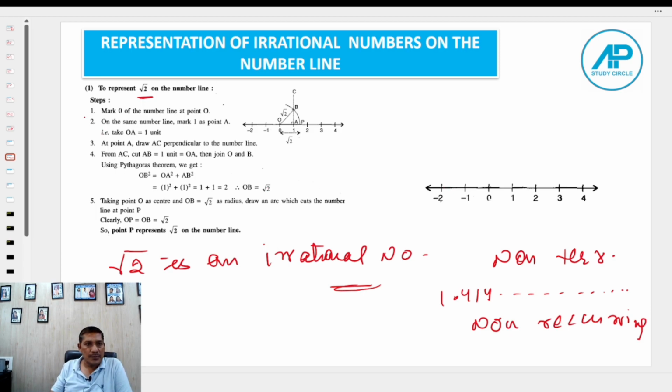So I've given you steps here. You can see the steps given to you here. But I tell you what, make a number line and mark a unit on your number line, positive and negative both sides. Let us take one unit, mark it as O, mark it as A. At this point A, draw a perpendicular.